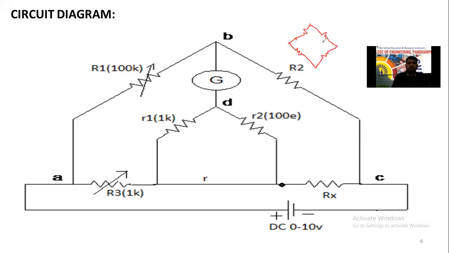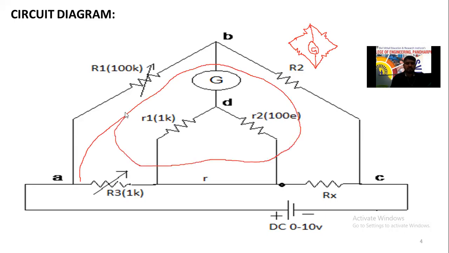In between these two points I have connected a galvanometer. It is one bridge only. Whatever this line is, this is one bridge we are going to call, up to this continuation path.